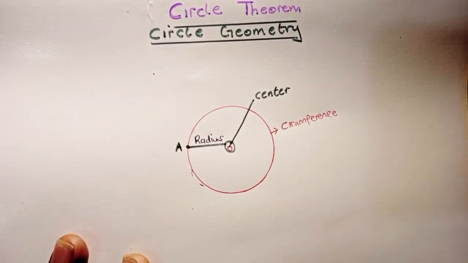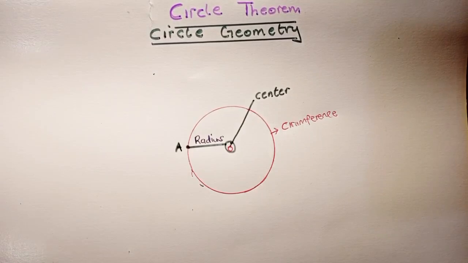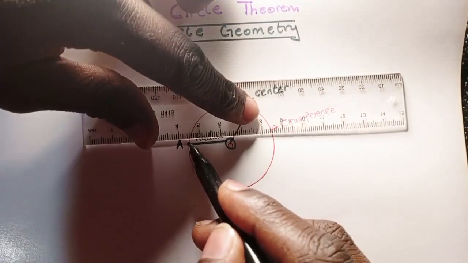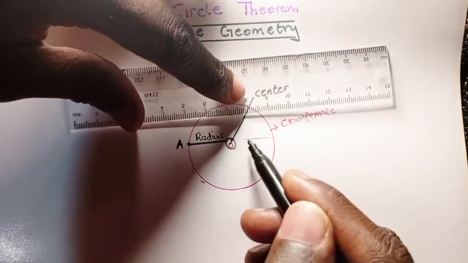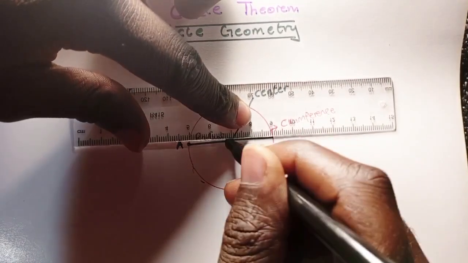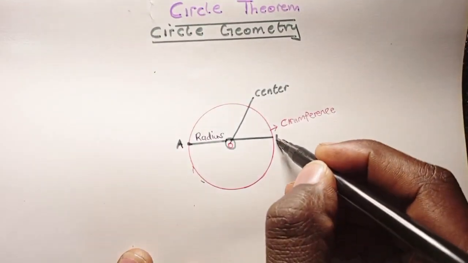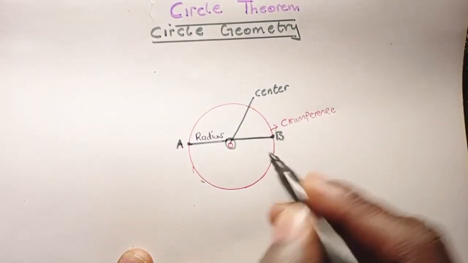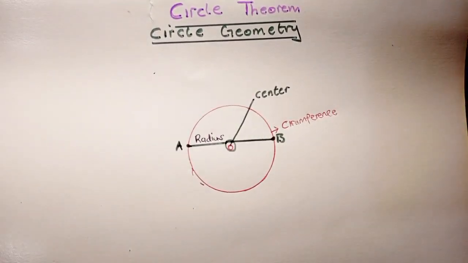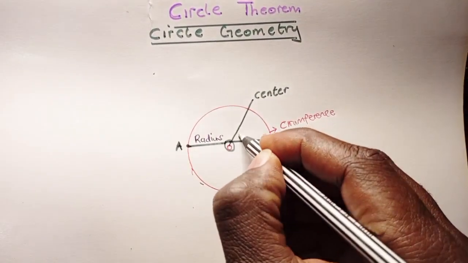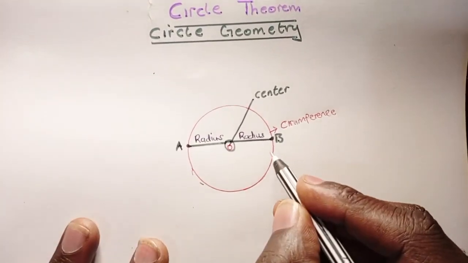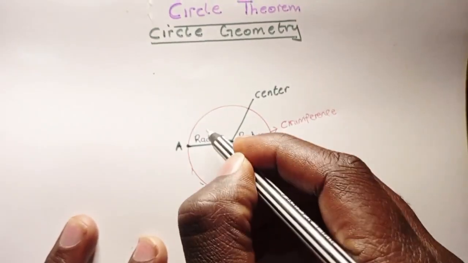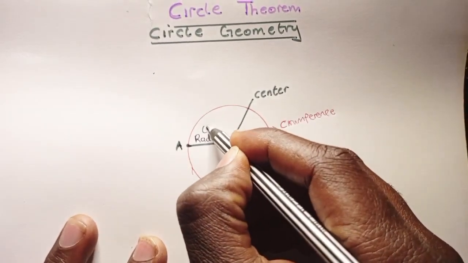Now, if you extend this radius further to the other side, maybe to point B, which is here, you're having a radius and another radius. Let's denote each by a small letter r.